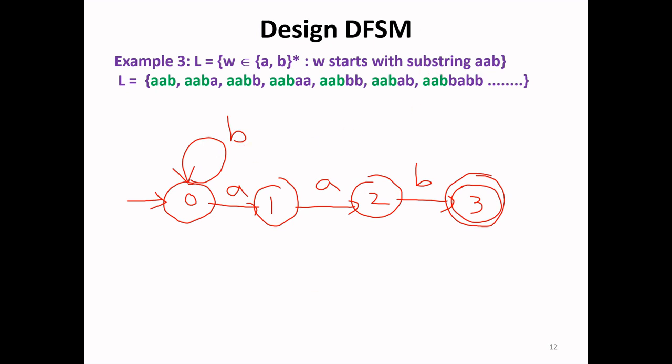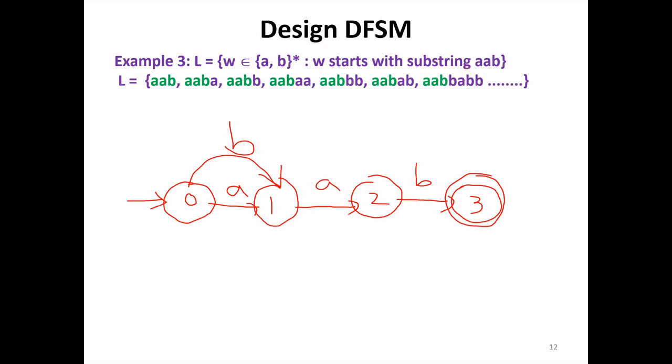So what to do? We can't take self loop. If I take the transition to state 1, now what happens? It must start with AAB, but you will end up starting with BAB, which violates the language.